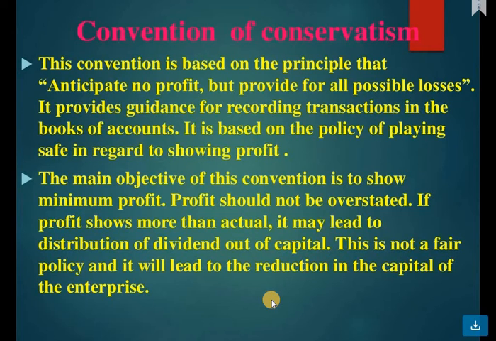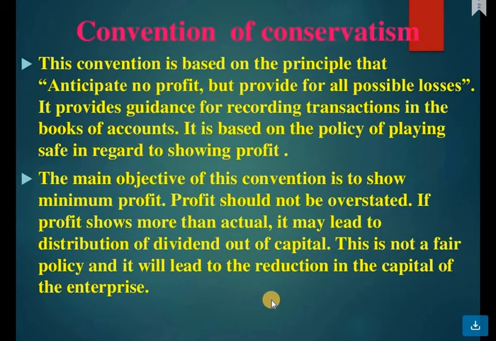If profit is shown more than actual, it may lead to distribution of dividend out of capital. We have to give dividend to the shareholders. If you show over profit, we have to give more dividend. In that case, we could not save money for the reserve fund. So this is not a fair policy, and it will lead to a reduction in the capital of the enterprise.